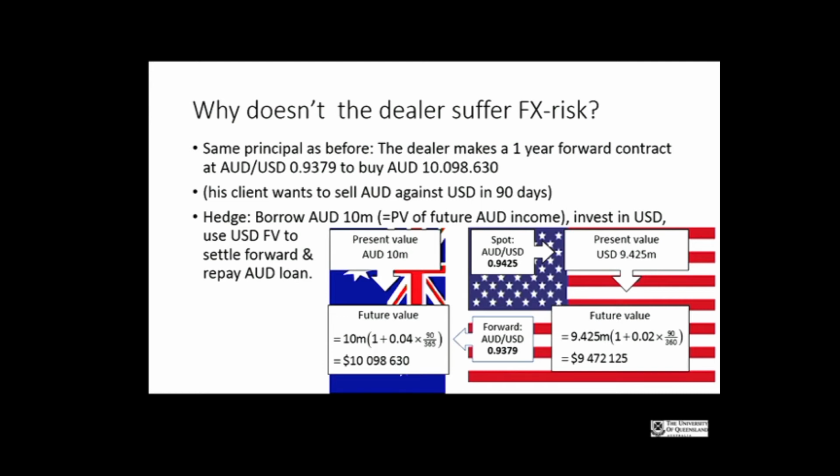And then he gets in return for his 9.47 million US dollars this amount of Australian dollars, which he uses to repay the loan, the Australian dollar loan. So for the dealer, it is pretty much a zero-sum game at this moment. Just going full circle, no risk whatsoever.